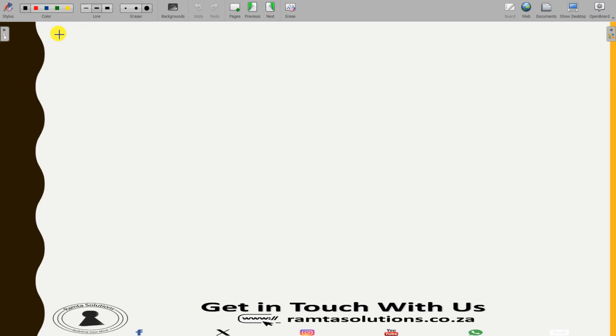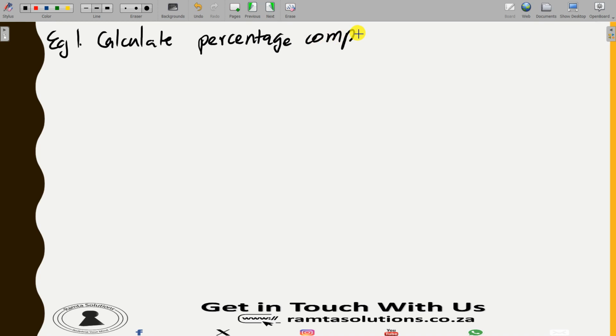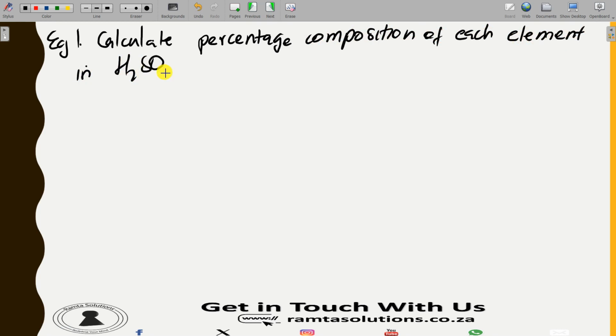So let's say example 1: calculate the percentage composition of each element in H2SO4. This we call sulfuric acid.